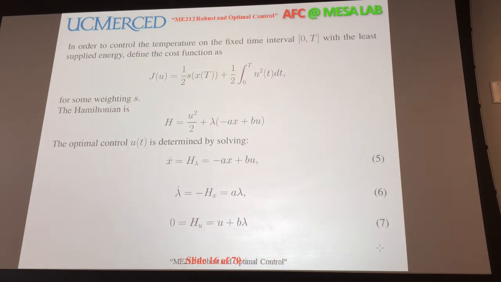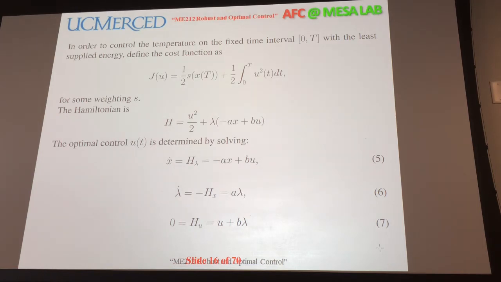Okay, so let's do this. We assume that I have a minimum energy control here, but I have a terminal cost. The S is just a constant, a weighting constant. It's not a function, it's a constant. So is the capital T a constant or not? Capital T is also given. Is it constant or not constant? Constant. Capital T is given, it's a fixed time.